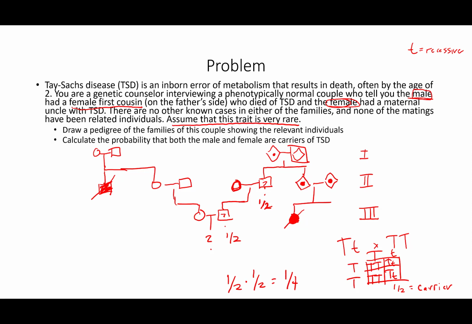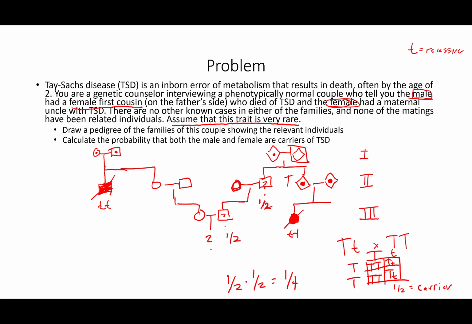Now let's go to the mom. Again, going up, in order for this person to have had it and died, both of these must have been carriers. Both parents had to be carriers. There's no way you can have it unless, because it's a recessive trait, this person is little t, little t.